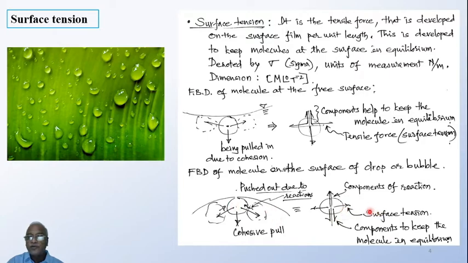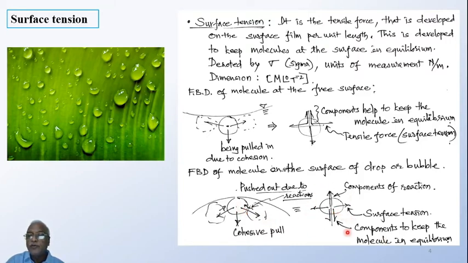One contributes to surface tension, the inward pull component, to keep the molecule in equilibrium, because there is a reactive force. The reactive force is trying to push the molecule outwards, but it is balanced by the component of the cohesive force on the adjacent side, right?